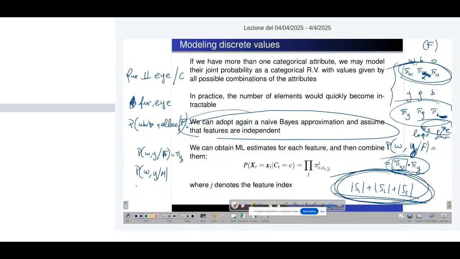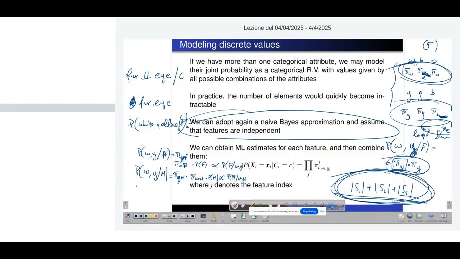This will be pi white female times pi yellow female, and below it will be pi white male times pi yellow male. Then I will multiply this by the prior, and this is proportional to the posterior that I need to compute. So I solved my problem.